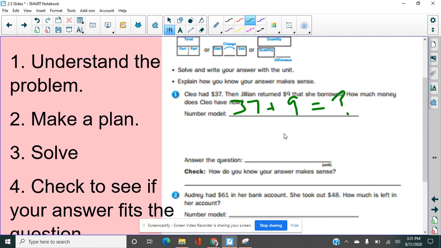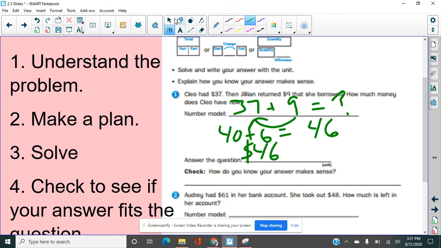If I took three of these over here and gave them over here, then I'm going to have 40 plus 6. 40 plus 6 equals 46. 46. What's the label? 46 what? 46 dogs? 46 what? $46. So I could write the word dollars, or I could put a dollar sign right there.